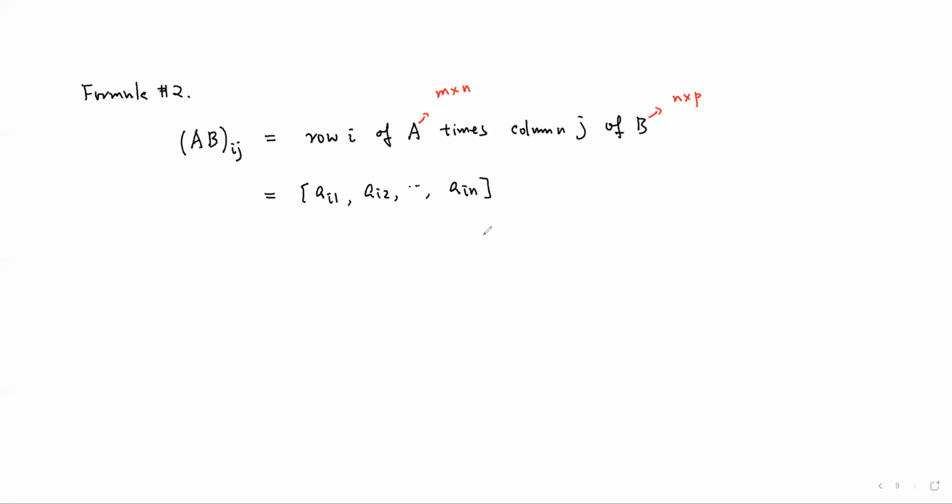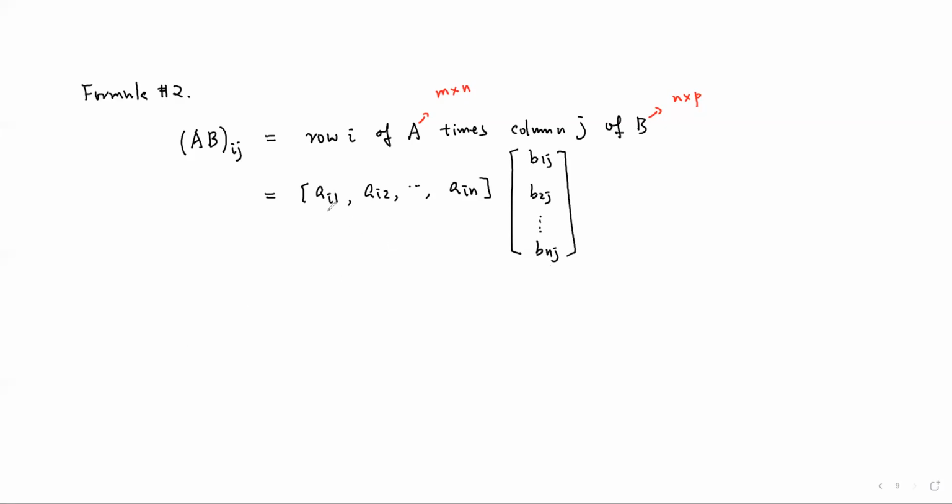This is row I. Now column J of B: B1J, the first entry, B2J. How many entries? N entries, up to BNJ.